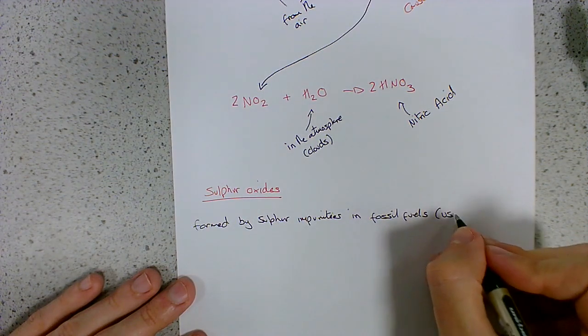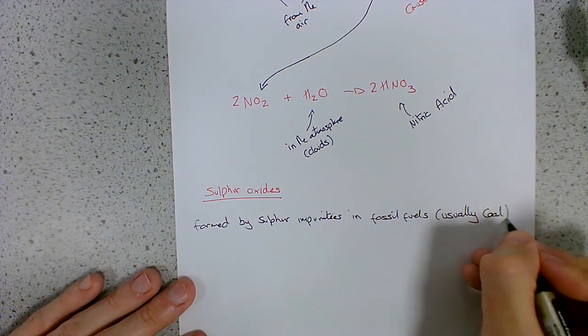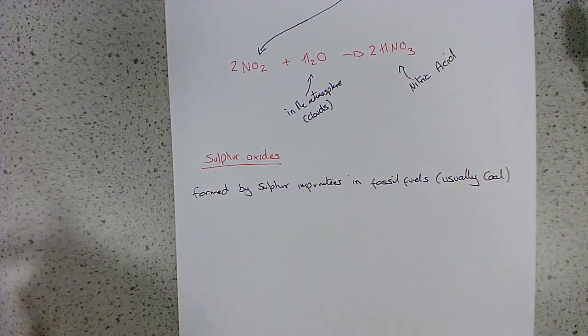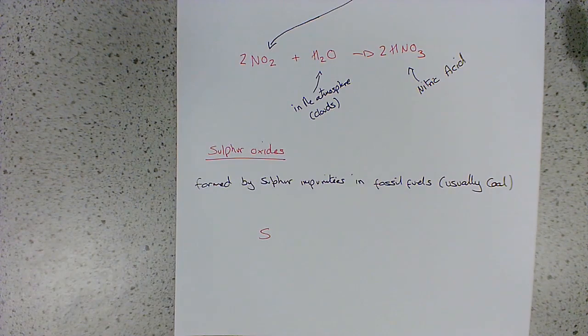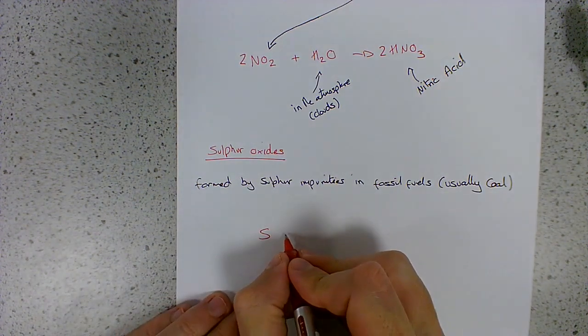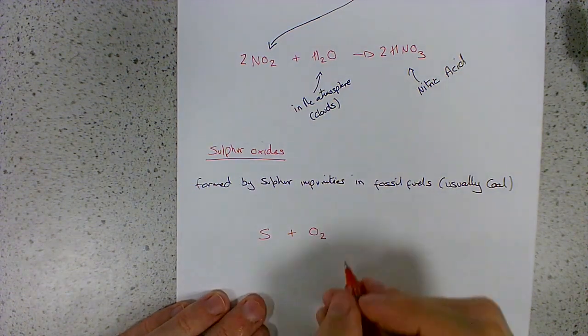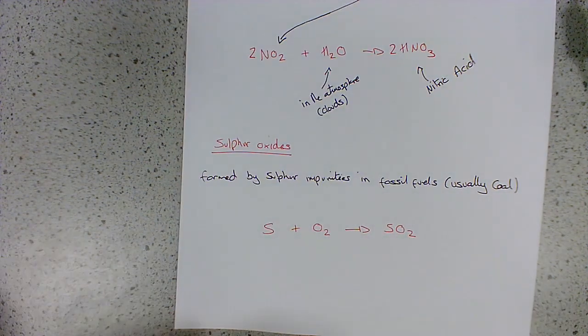Usually coal. Coal has a large amount of sulfur impurities. So coal-fueled power plants emit quite a lot of sulfur oxides. So these are formed because of the sulfur that's in the fuel. So if you've got a fuel and you're burning it, well, you're reacting it with oxygen. If your fuel contains sulfur, that sulfur will also react with oxygen, and it produces sulfur dioxide.